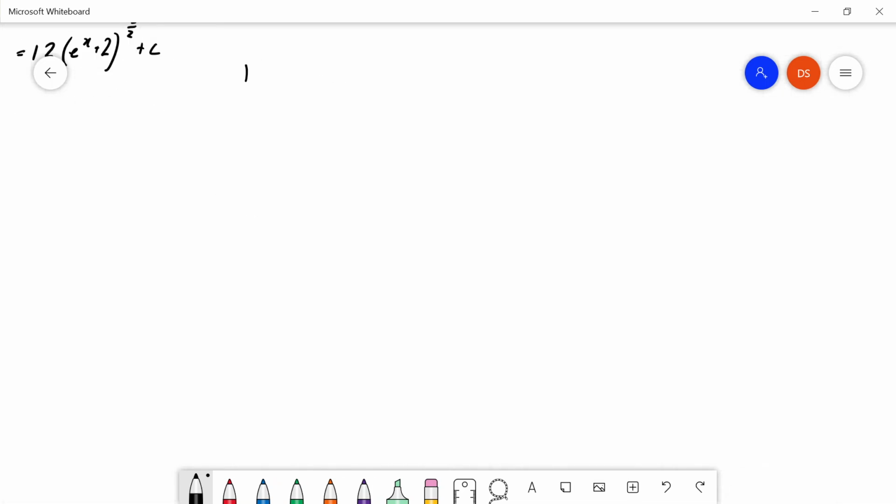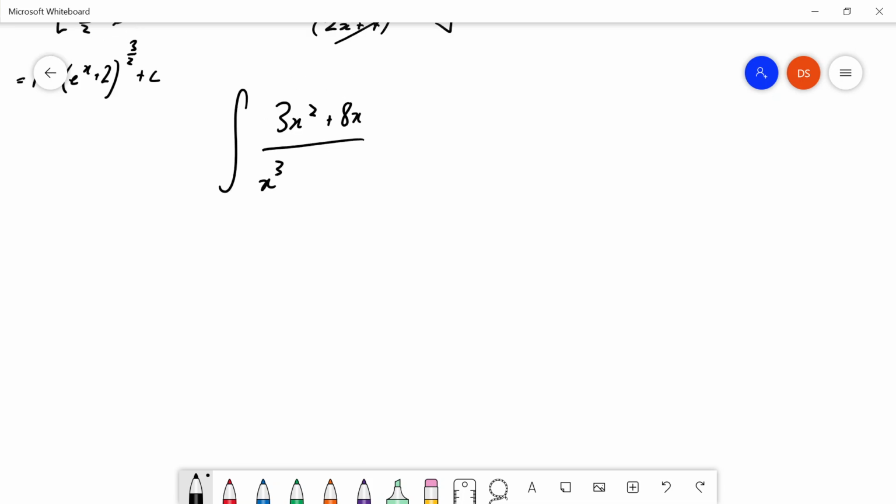What about (3x squared plus 8x) over (x cubed plus 4x squared) dx? Notice that the top is the derivative of the bottom, so I can just write ln (x cubed plus 4x squared) plus c. Sometimes it's not as obvious.